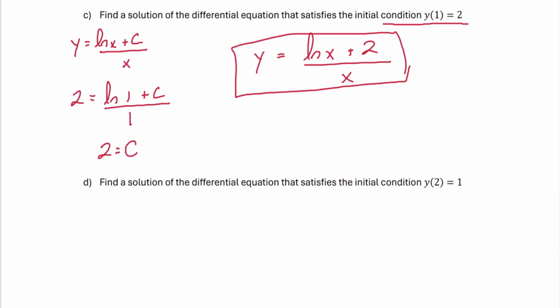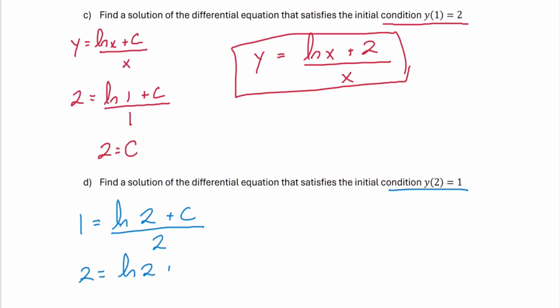And then in part D, we want to find a solution to the differential equation that satisfies this new initial condition. Y of 2 equals 1. This time 1 equals natural log of 2 plus c divided by 2. If we solve this, cross multiply, we get 2 equals ln 2 plus c, and then c would equal 2 minus the natural log of 2.